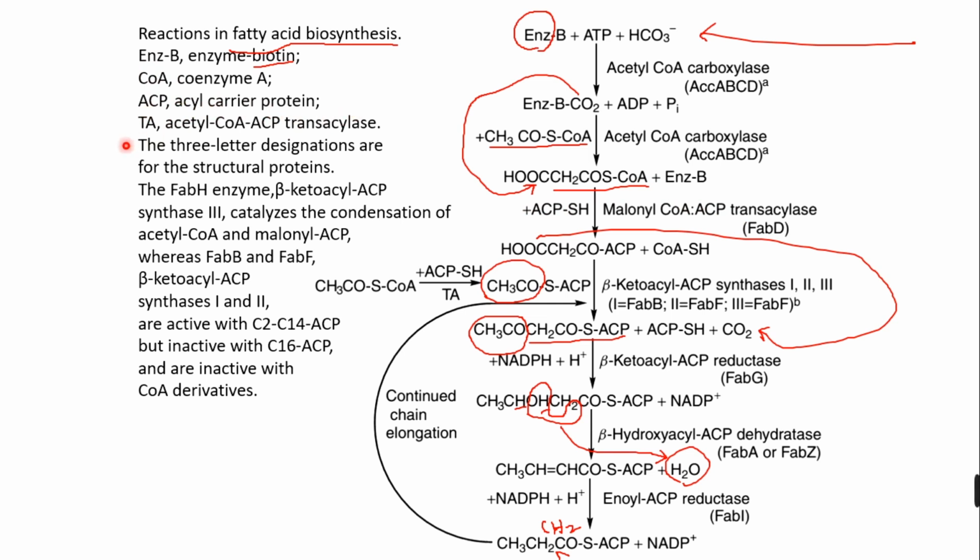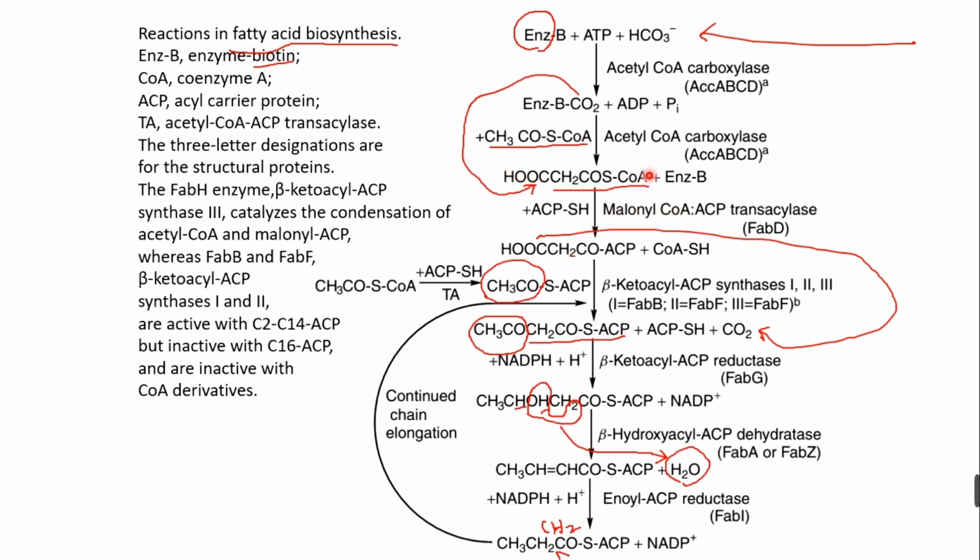All the three-letter codes designate each and every protein; this is regarding the gene names, and there is no need to remember that. We have to focus only on these types of reactions. This reaction is very important because the product is malonyl coenzyme A.